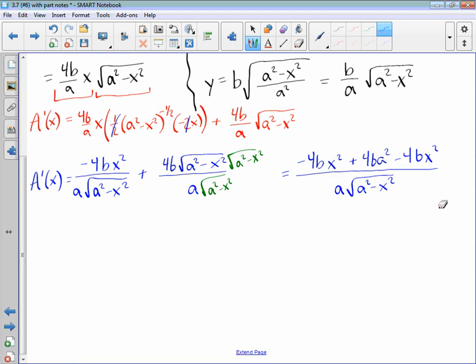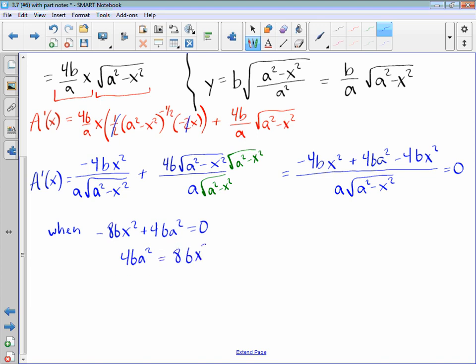And once I have the derivative, I set it equal to 0. So it equals 0 when the numerator is 0. So the numerator would be -8bx squared plus 4ba squared is equal to 0. So I'm going to add this over just because it's a negative. So I get 4ba squared, which is just a number, is equal to 8bx squared.